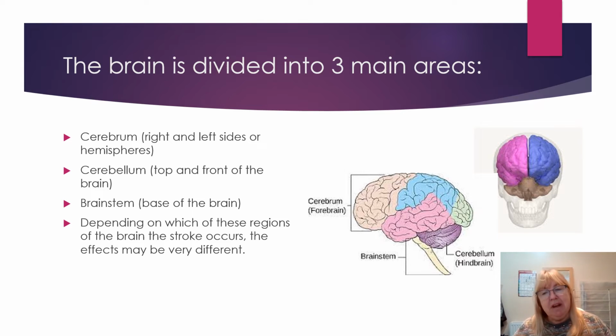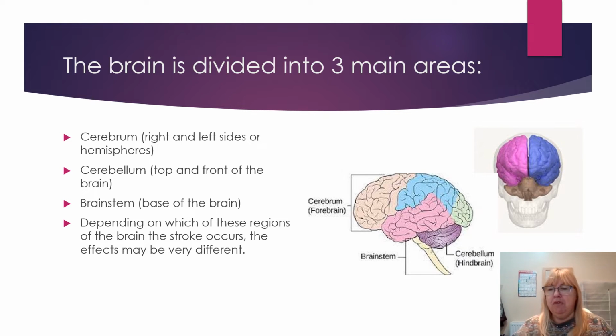Okay, well, now you've labelled your brain, we're just going to review it. So there are three main areas, as we know: the cerebrum, which is the small bit at the back, and the cerebellum, which is the top and the front, okay, and the brainstem, which is at the base.